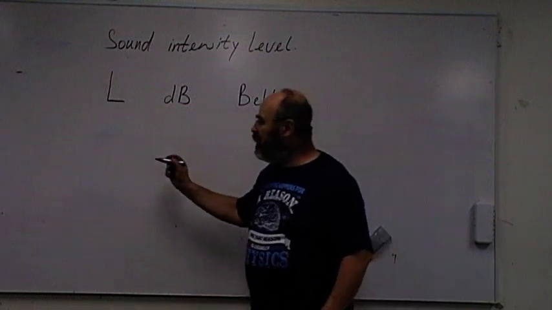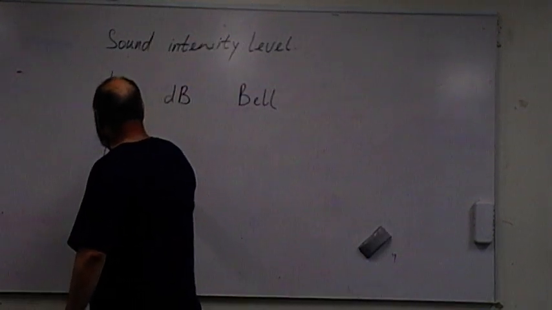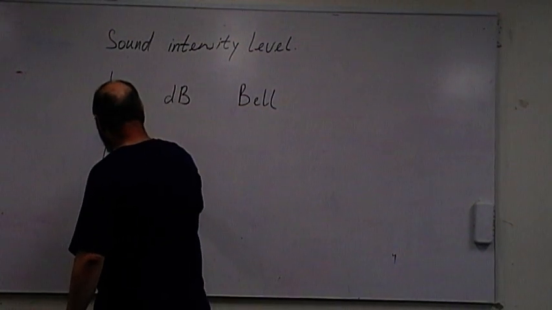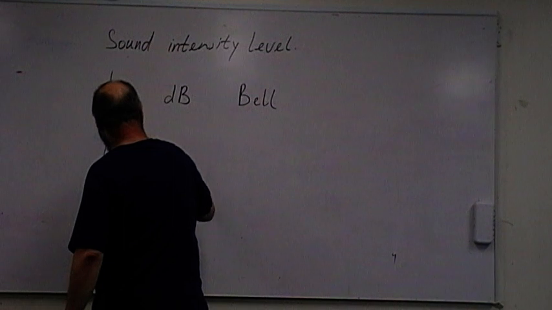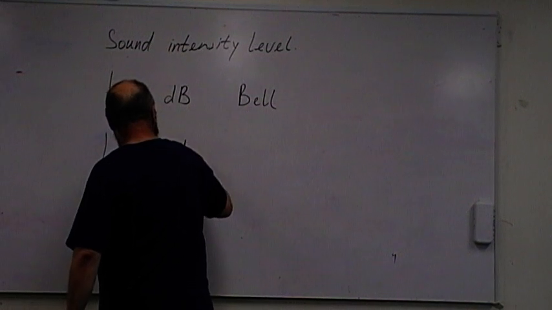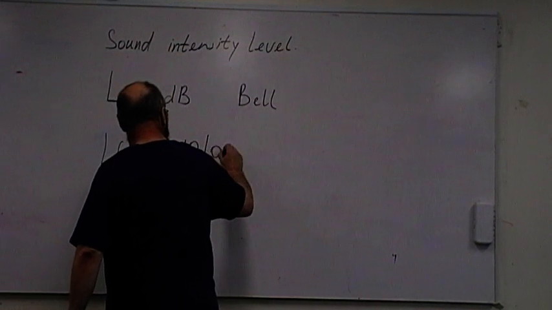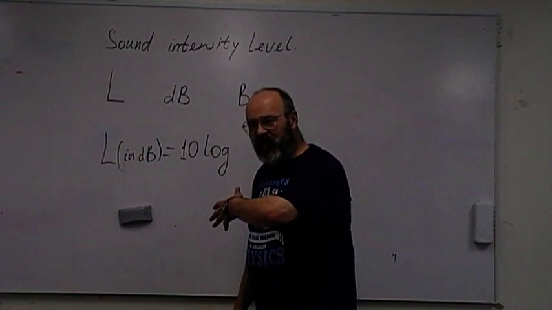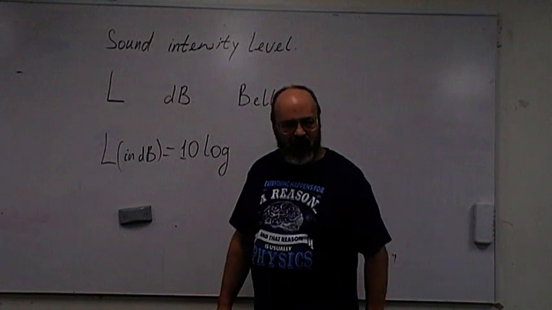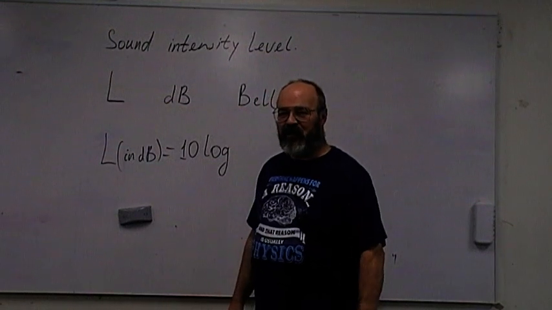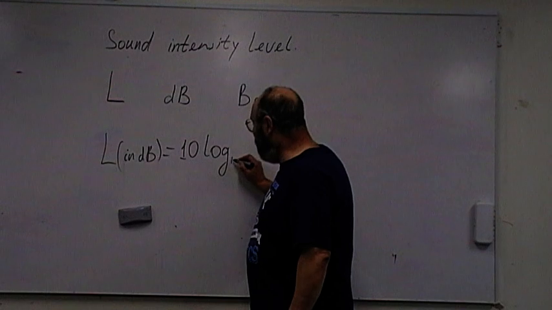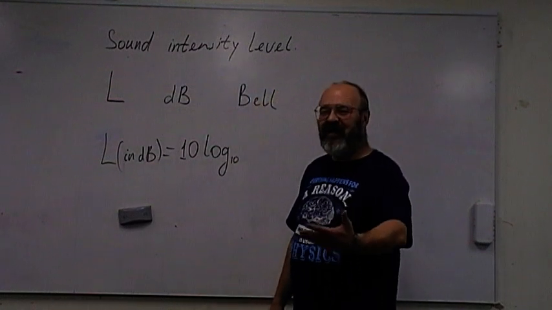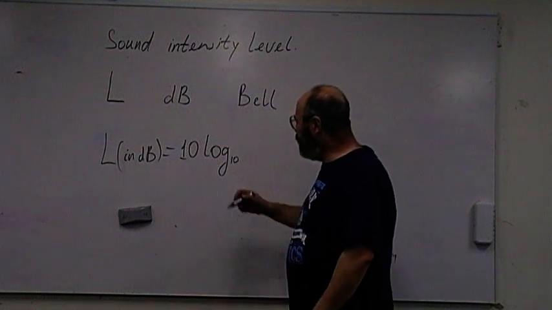And sound intensity level in decibels equals 10 times log. We were already a little bit familiar with logs when we were learning astrophysics. Log with base 10 is more convenient because on a scientific calculator you have the button for log base 10.